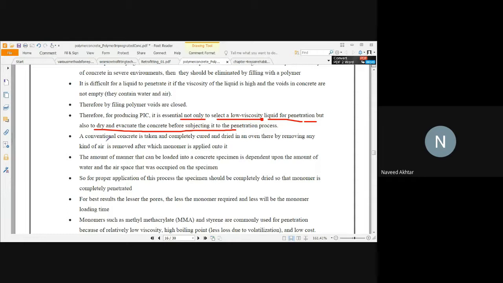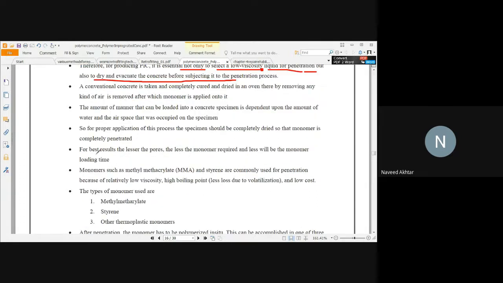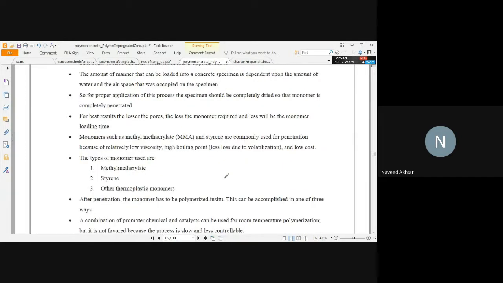The amount of monomer that can be loaded into the concrete specimen depends upon the amount of water and air space that was occupied in the specimen. So for proper application of this process, the specimen should be completely dry so that the monomer completely penetrates. For the best result, the fewer the pores, the less monomer required, and the shorter the monomer loading time.